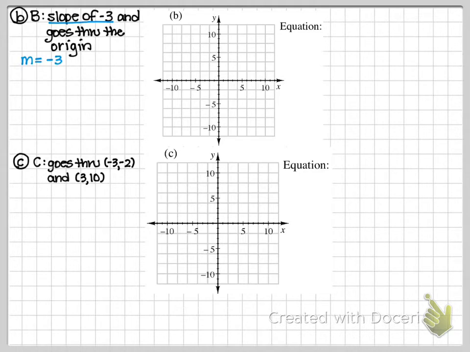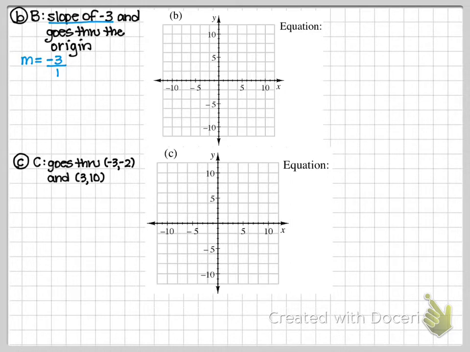Now, I like to see a fraction when I see slope because I know the top is the rise, up, down, and the bottom is the run, the right, left. So I need something on the bottom of this. But you guys know, whenever a number needs a denominator, you can always put a 1 down there. So I've got my slope now, so I feel pretty good about that.